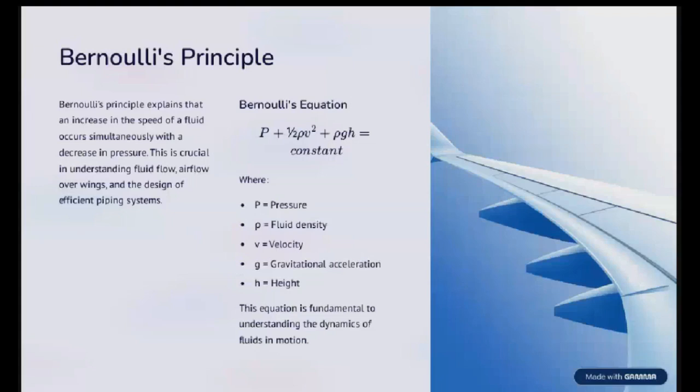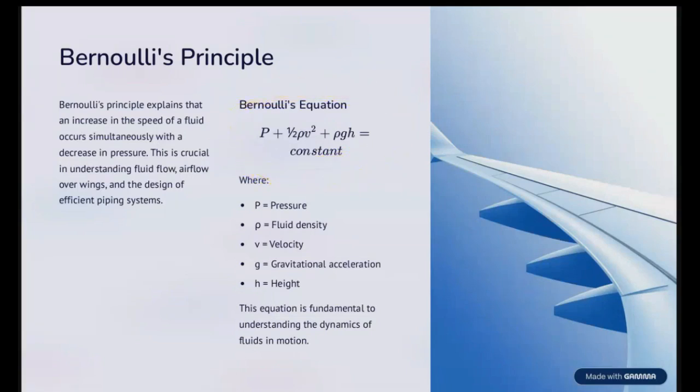Bernoulli's equation has this formula: P plus one over two density times velocity squared, plus density times acceleration due to gravity times height. Here, this is Bernoulli's equation.